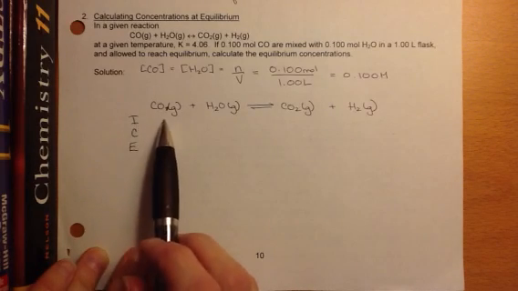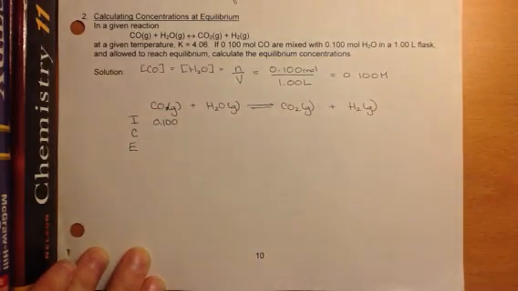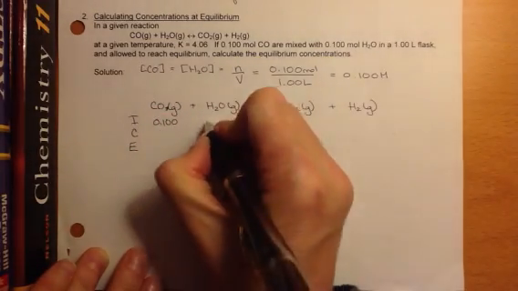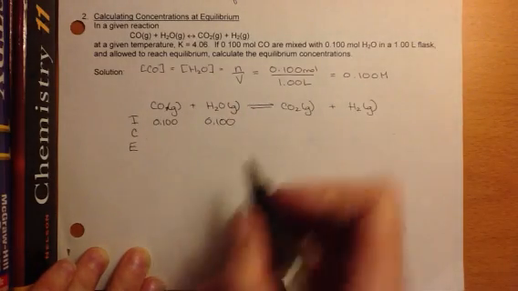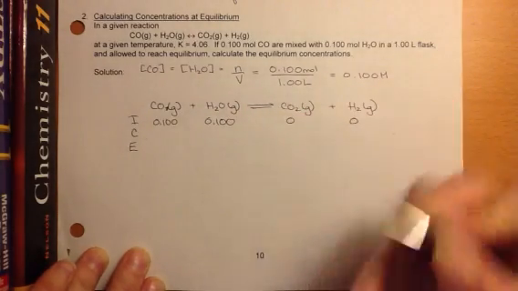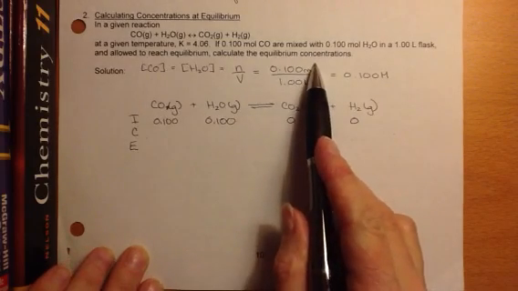Initially, we know the amounts of our reactants. There's 0.1 mole per liter of the carbon monoxide, 0.1 mole per liter of the water. We're going to assume that we have no product initially. The reaction hasn't started.